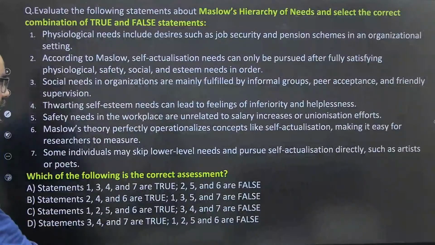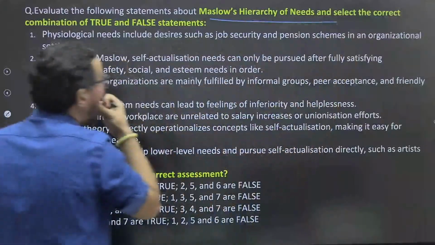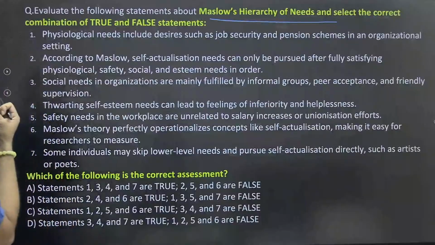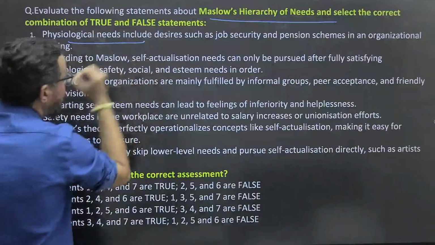So again we have some theories. Evaluate the following about Maslow's hierarchy of needs and select the correct combination of true and false. So you have to find out the true and false around this particular one, and you have to combine these particular ones. Physiological need, first one.